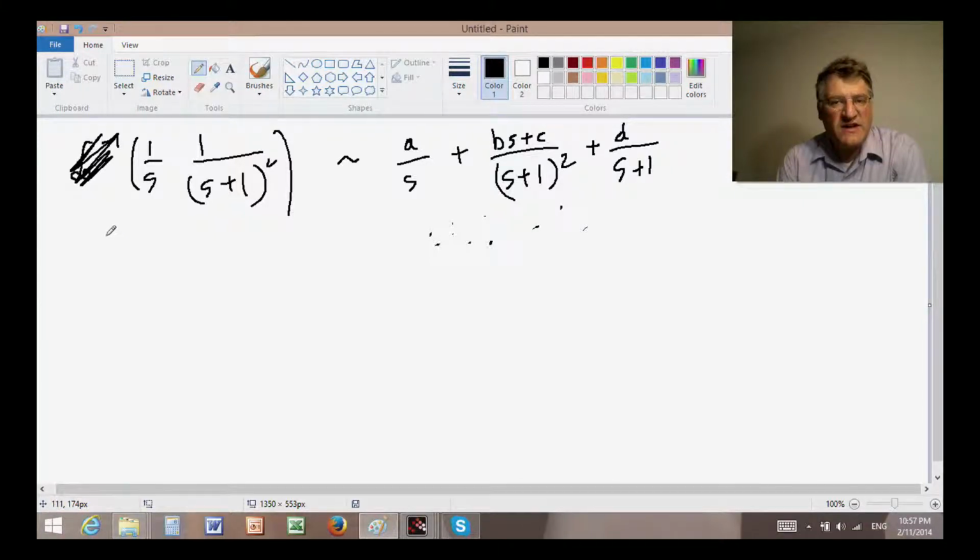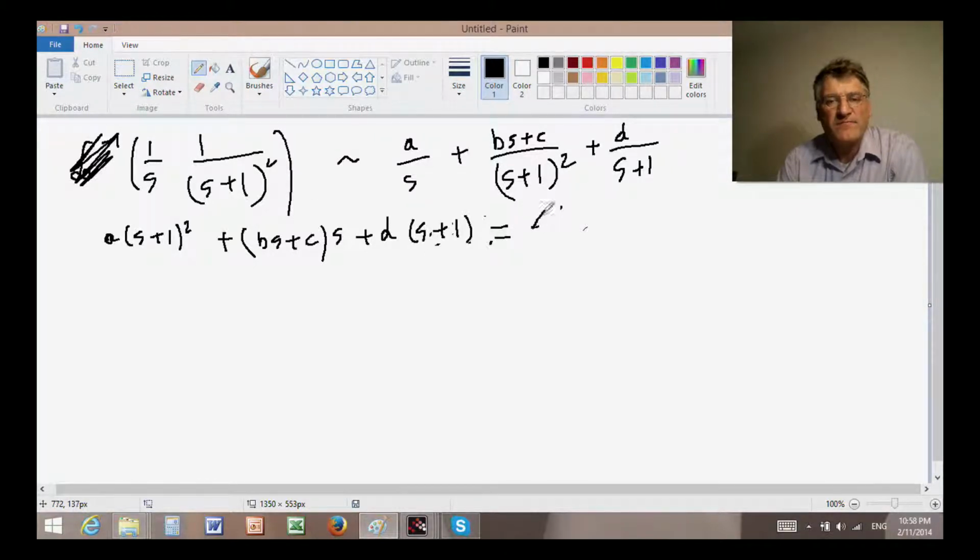And we will now obtain that a times s plus 1 squared plus bs plus c times s, okay, and then plus d times s plus 1 must be equal to 1. Okay.